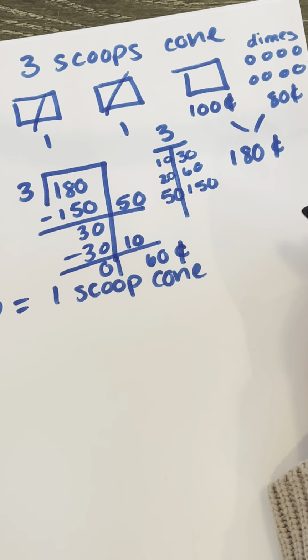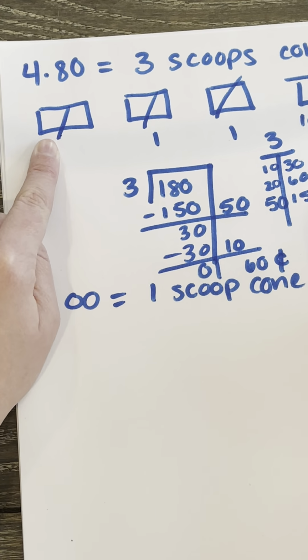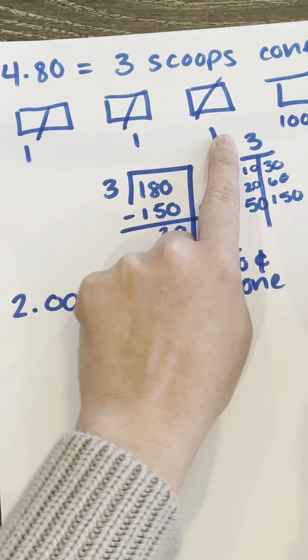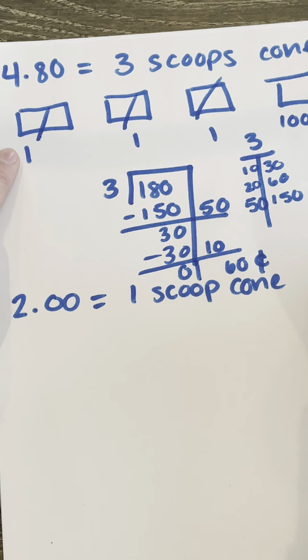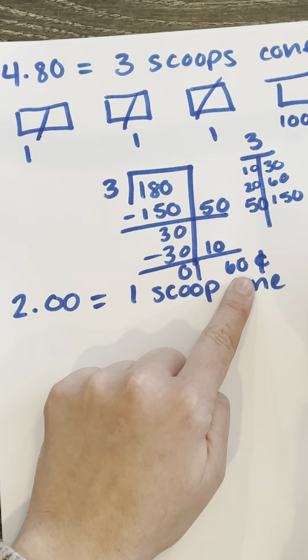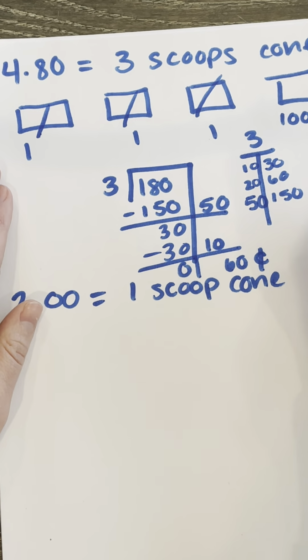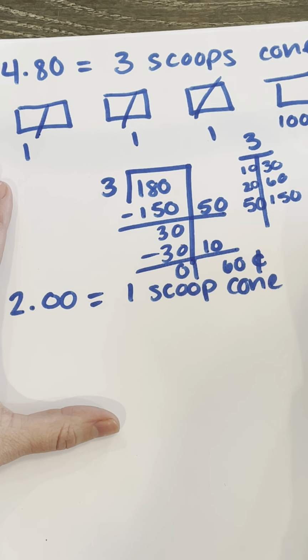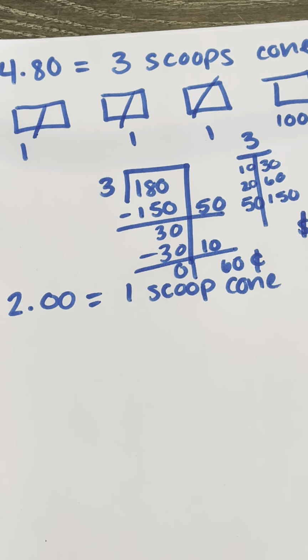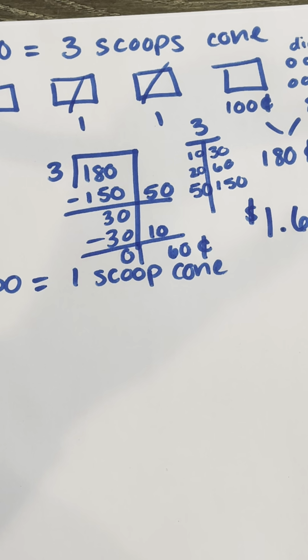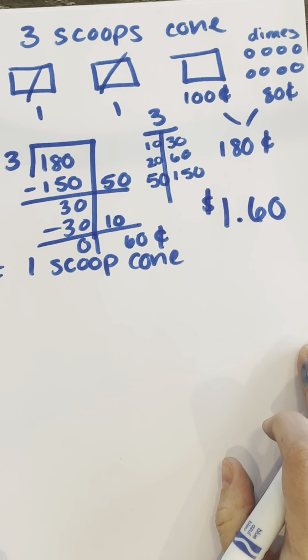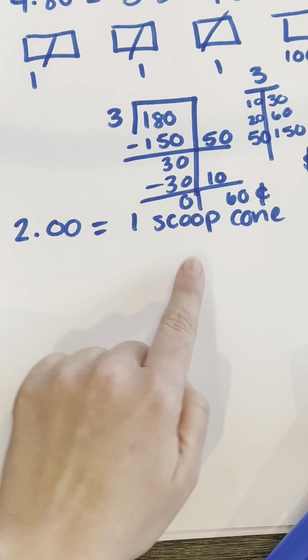So if we remember, I had 1 scoop for $1, 2 scoops, 3 scoops. So $1 for 1 scoop, and then 60 cents also, that I get $1.60 if I split up a 3 scoop ice cream cone. But we said that this 1 scoop is $2.